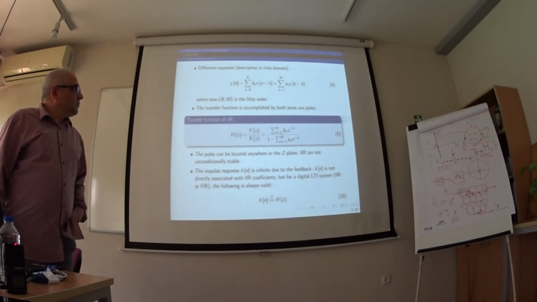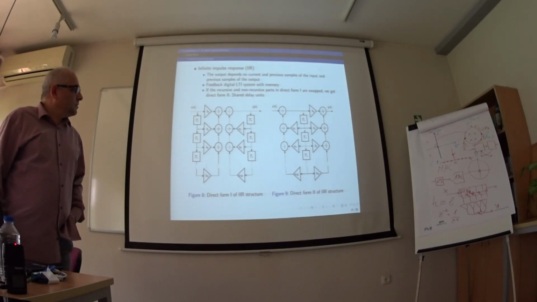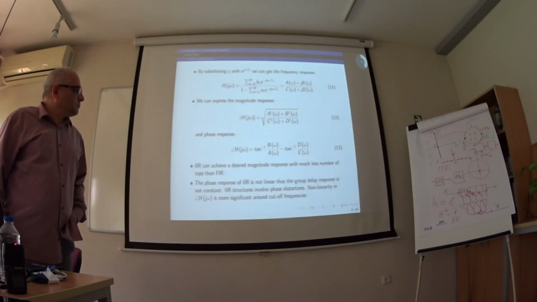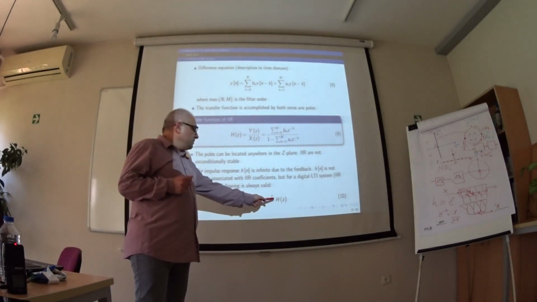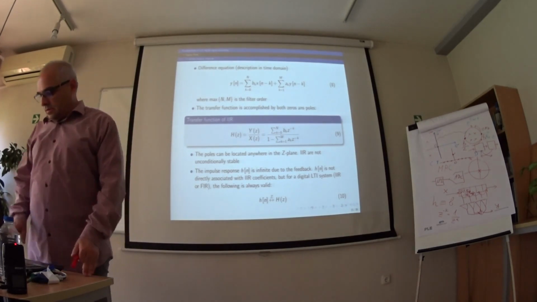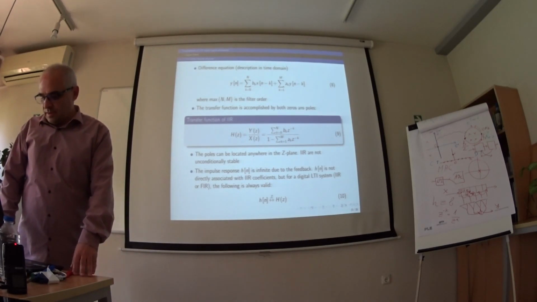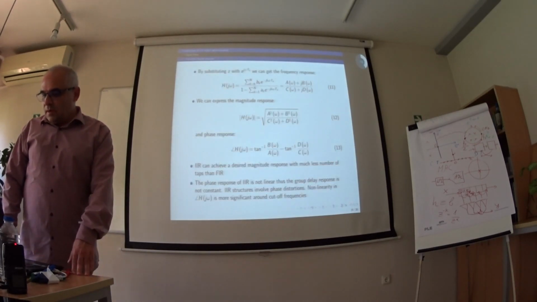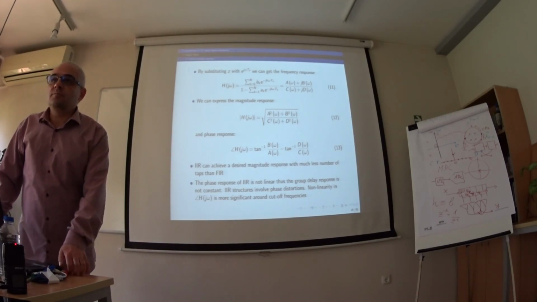The impulse response for these methods cannot be directly associated with the coefficients. But we can find it using the inverse Z transform. This is always true for every discrete time, LTI system. And we can substitute Z with e to the j omega Ts, and we can find the frequency response.